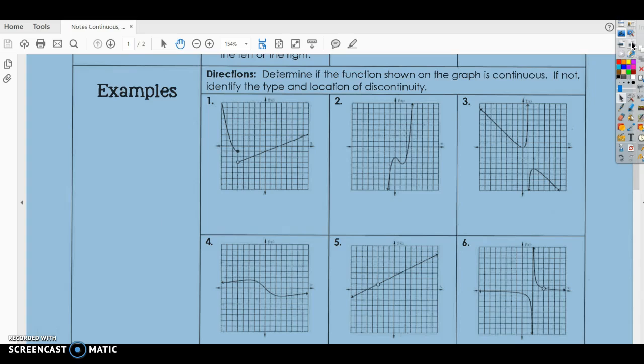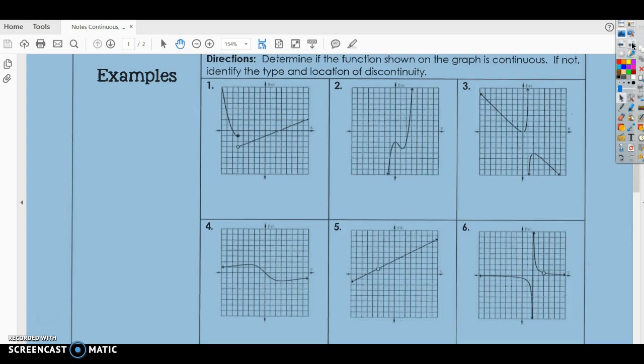So the directions say determine if the function shown on the graph is continuous. If not, identify the type and location of discontinuity. All right, so if we look at the first example, you can see that you can trace down to here and then it jumps and it goes on the other way.